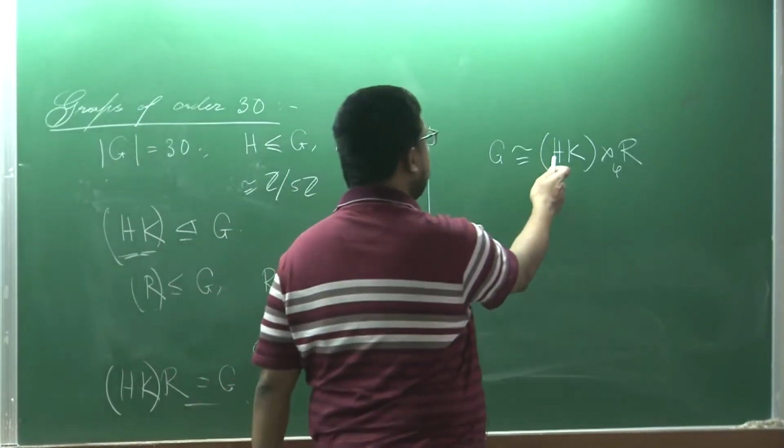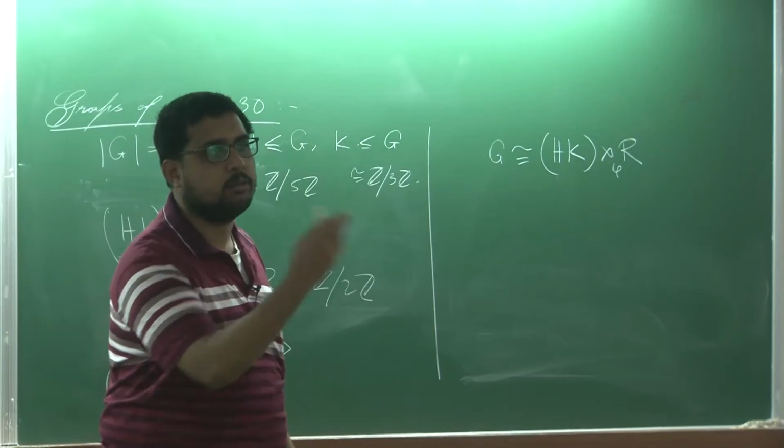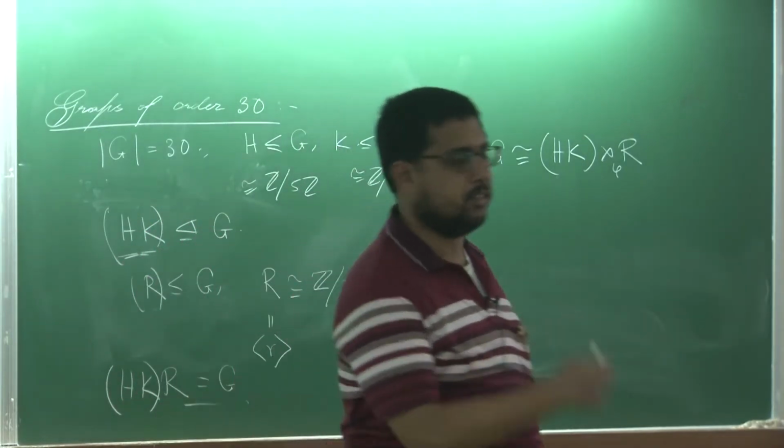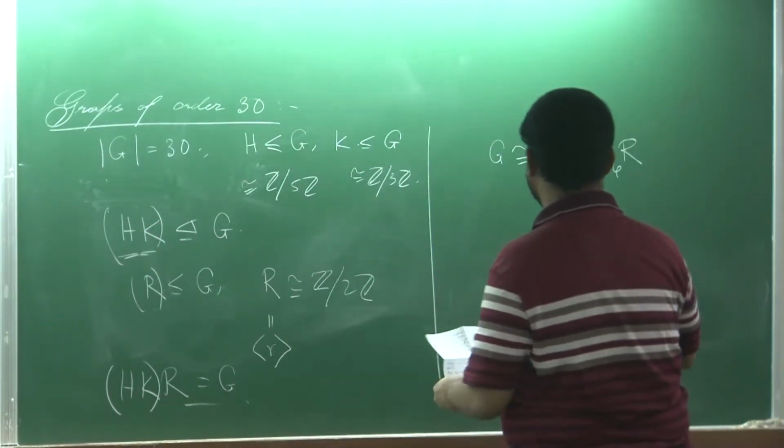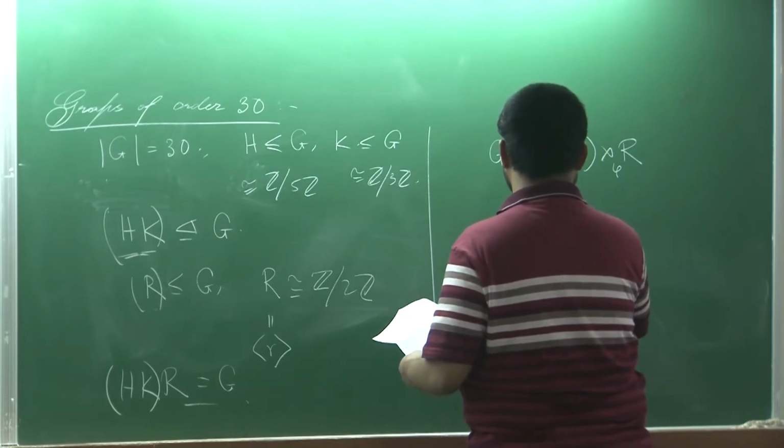So both subgroups H and K are characteristic in it because it is a cyclic group. So our situation is precisely of this form.